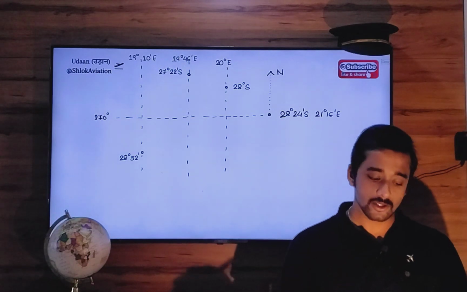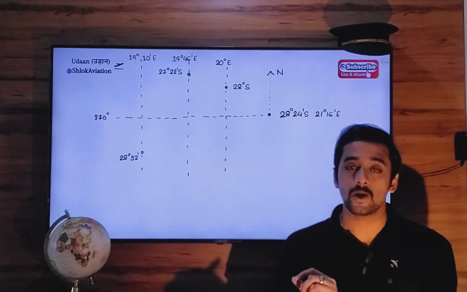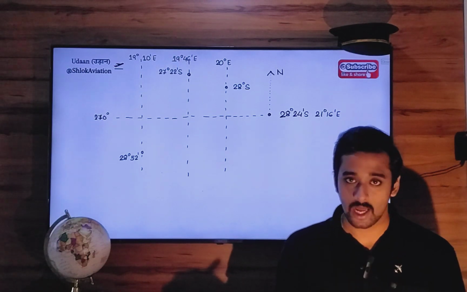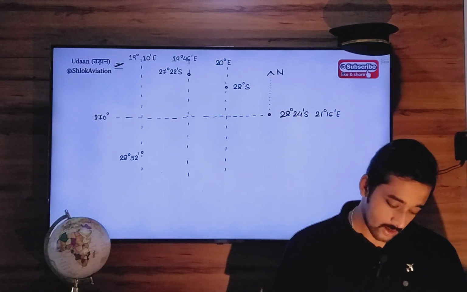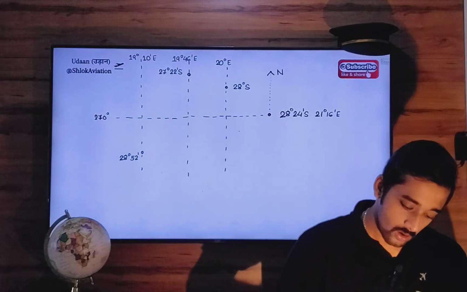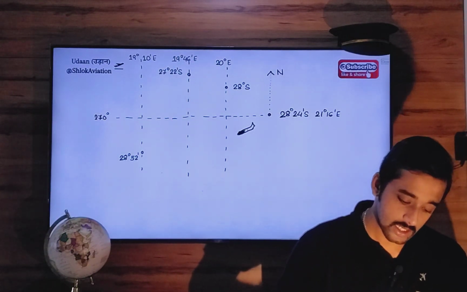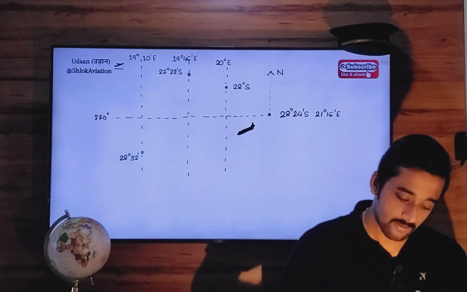Now out of these three positions, we have to determine the one position this aircraft will be over after the end of its climb, following a heading of 267, which is to the southwest of heading 270.